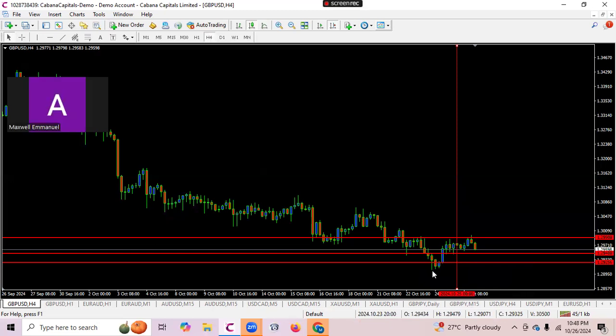If I would be buying GBPUSD, after this fair value gap gets filled, if a bullish reversal pattern forms, I would go bullish. But if price breaks this fair value gap, then there's a high probability they will come for these lows.